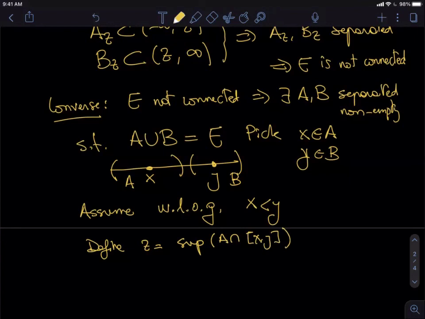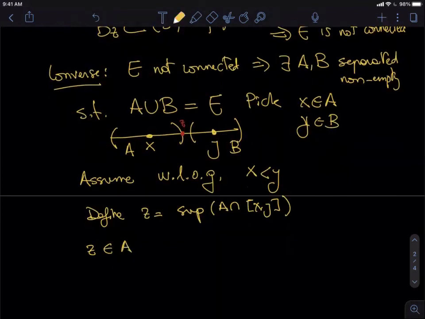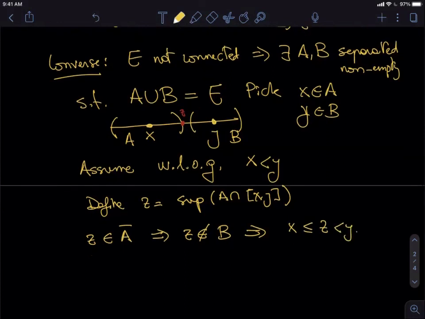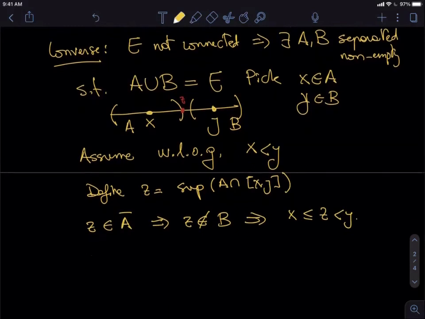So in the picture, the point z we are talking about would be this one here. z belongs to the closure of A, in which case it cannot belong to B, which means that x is less or equal than z less than y. Now the two options: if z is not in A, then necessarily x less than z less than y, and we are done.